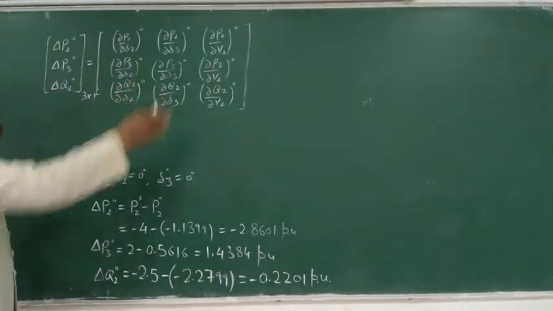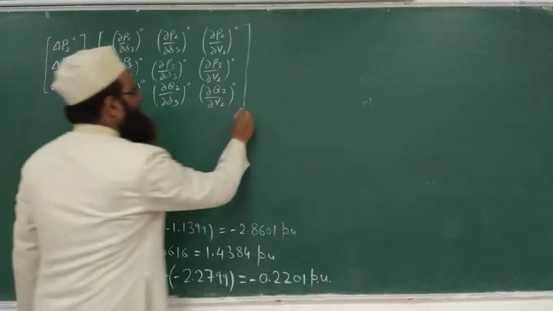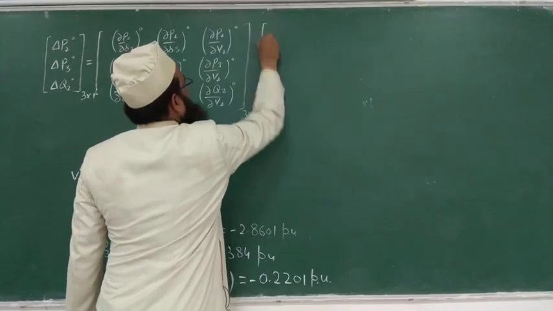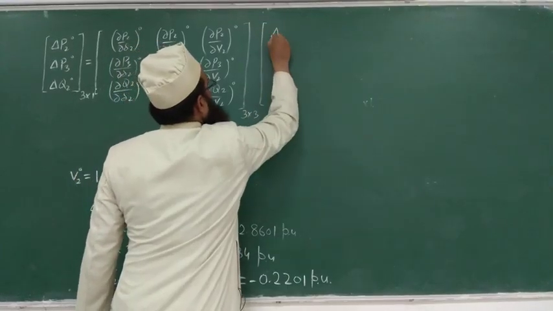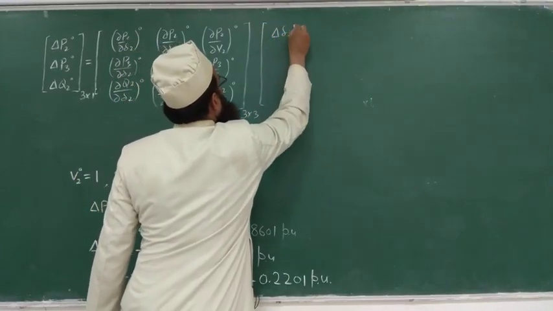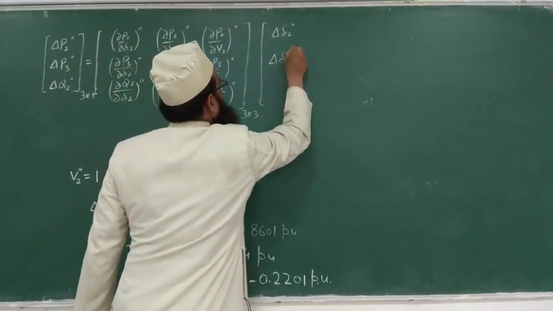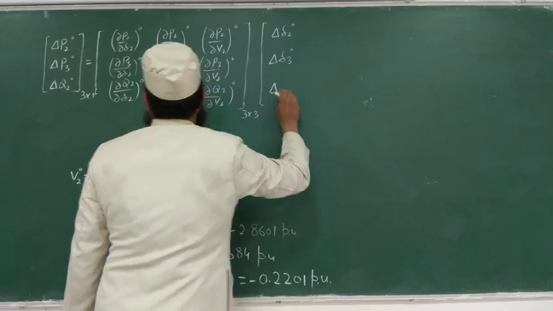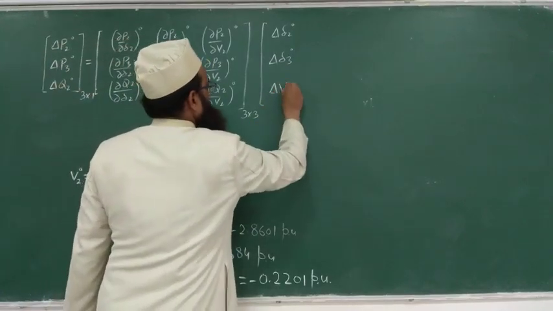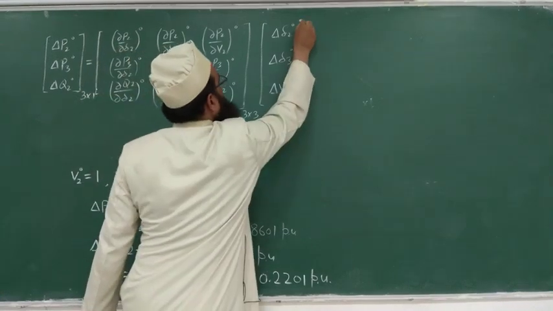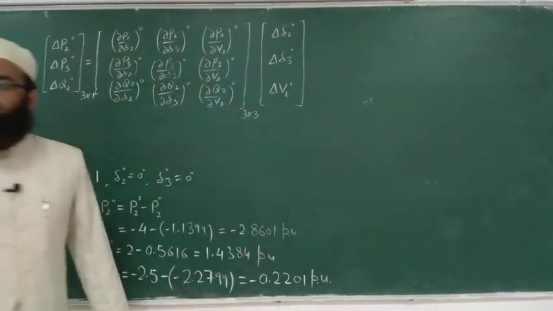So these are the 9 elements of the Jacobian matrix having order 3 by 3, and here you will get del delta 2 if 0, so put here 0, del delta 3 0, and del, what will be the third variable? V2, isn't it? Any problem?